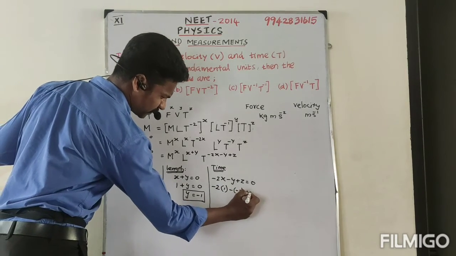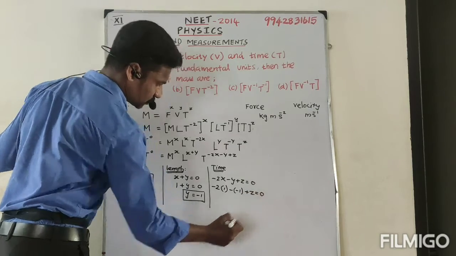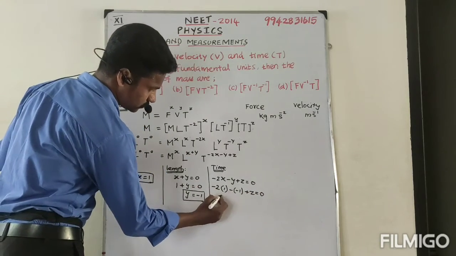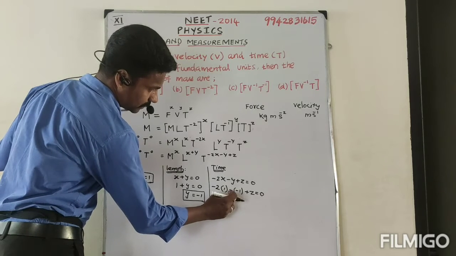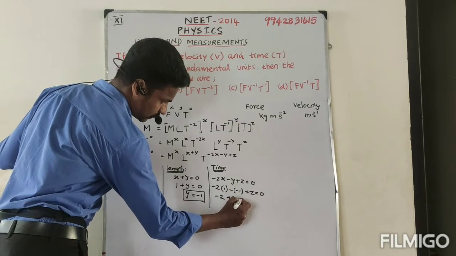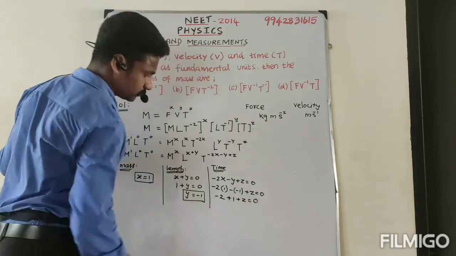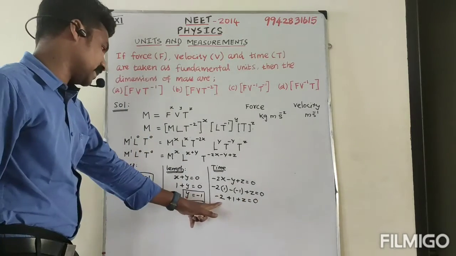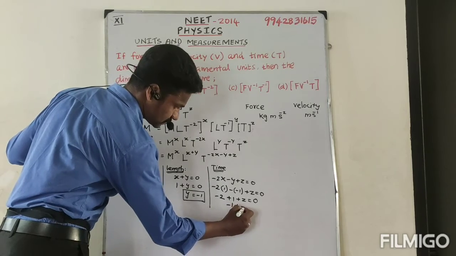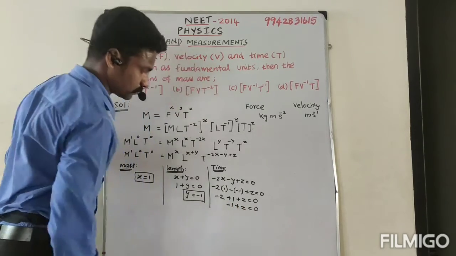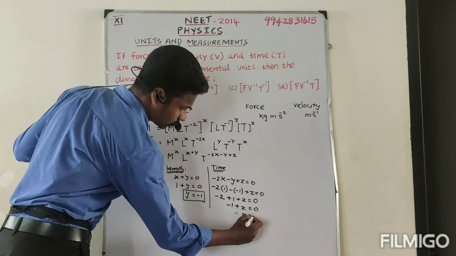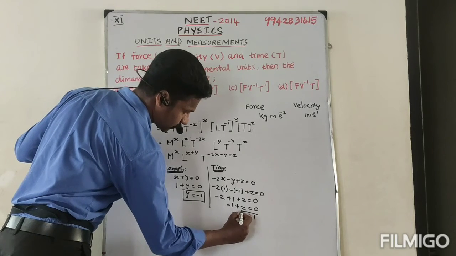So minus 1, then plus z is equal to 0. So minus 2 into 1 is minus 2. Minus 1 into minus 1 is plus 1. Then plus z is equal to 0. So minus 2 plus 1 is equal to minus 1. So minus 1 plus z is equal to 0. Therefore z is equal to plus 1.